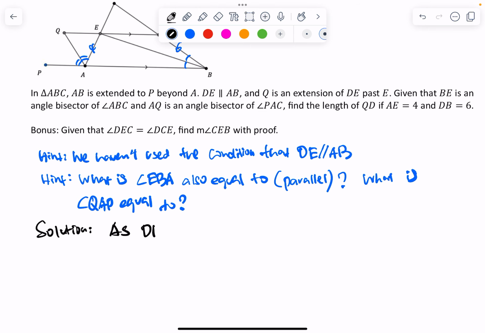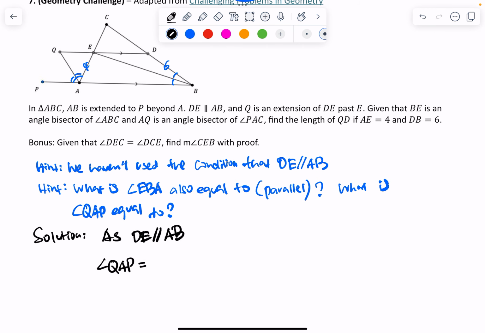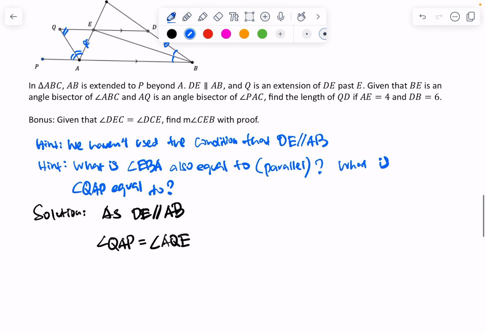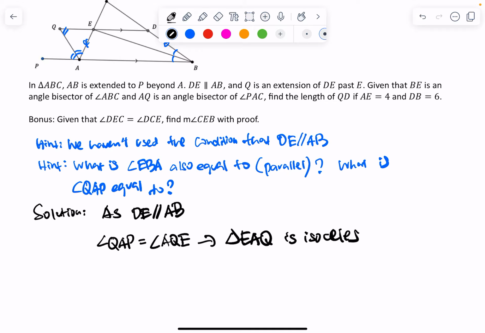Okay, solution. As DE is parallel to AB, we have that angle QAP is equal to angle AQE, because they are alternate interior angles. However, this implies that EAQ is isosceles. So, QE is equal to 4.